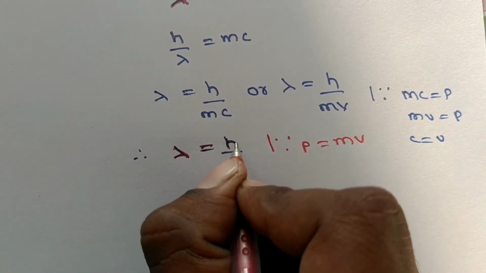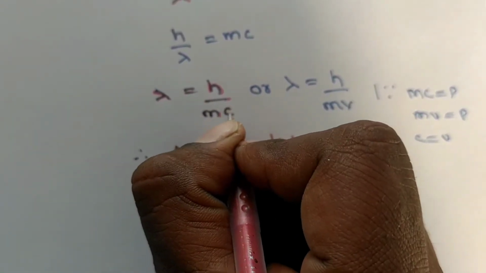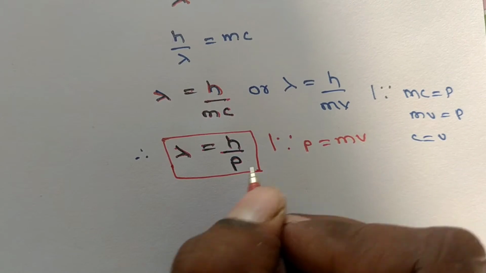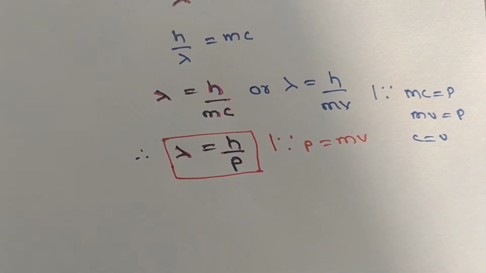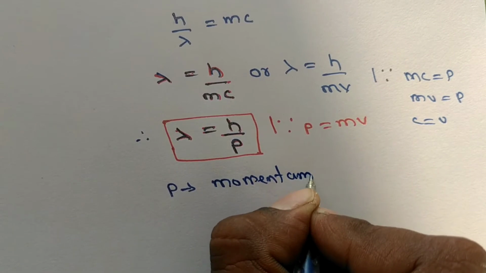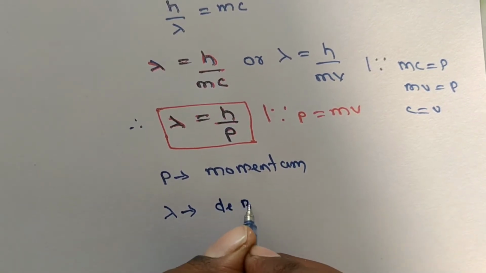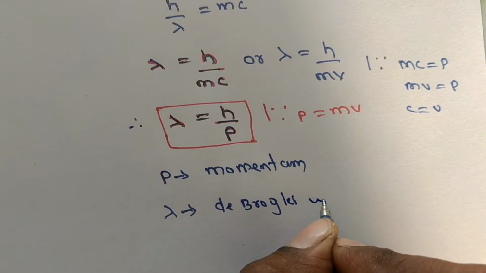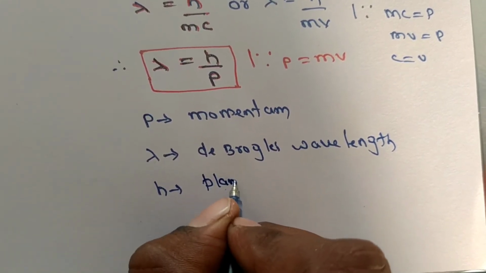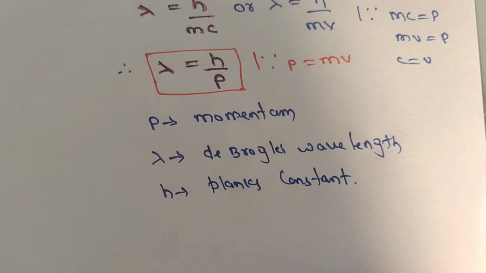Lambda is equal to h divided by p, or h divided by mc or mv. This equation we call the de Broglie wavelength equation, where p is momentum, lambda is de Broglie wavelength, and h is Planck's constant. This is the main derivation of a de Broglie wavelength.